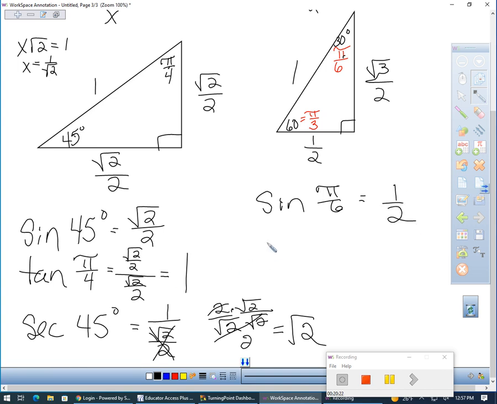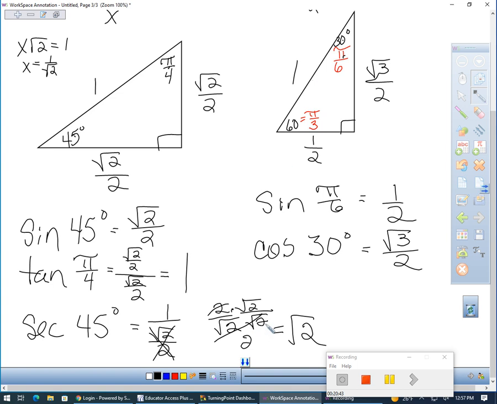Okay? How about if I said the cosine at 30 degrees? Very good. It is square root 3 over 2. Because from 30 degrees, we do adjacent over hypotenuse, right?